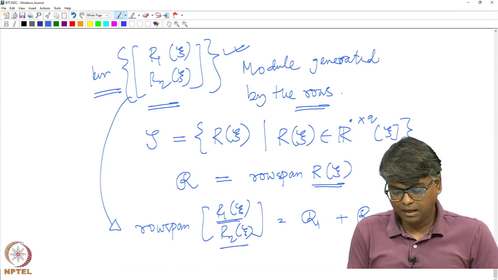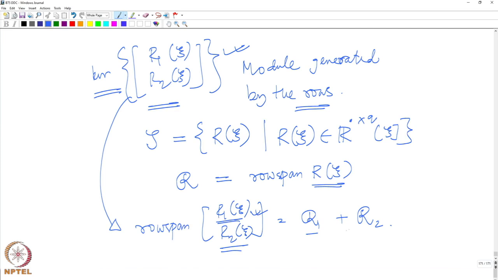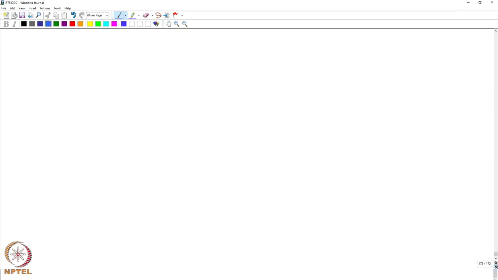Every vector that can be written as a linear combination here plus a linear combination here, that is the one. So we are asking this question: look at these subspaces. For the sake of understanding, I am going to write an Ri here, which I will explain. Is this also a submodule of this?